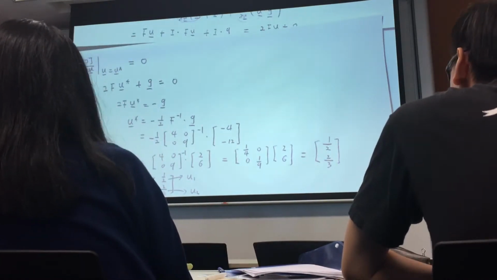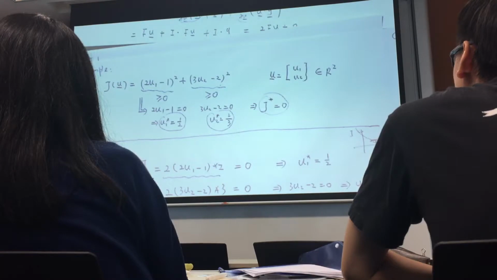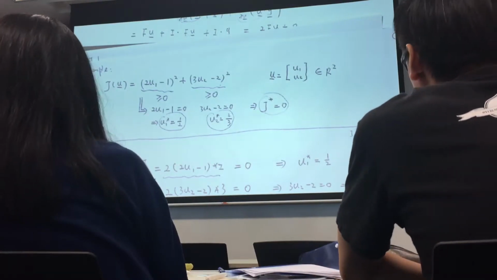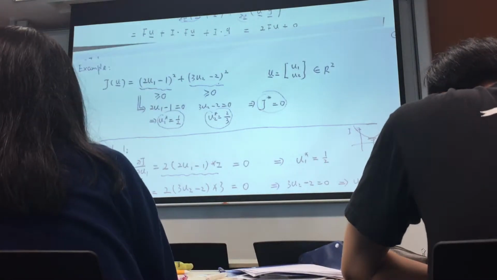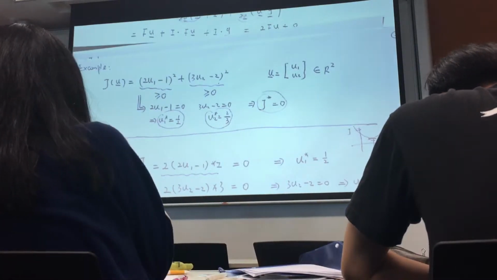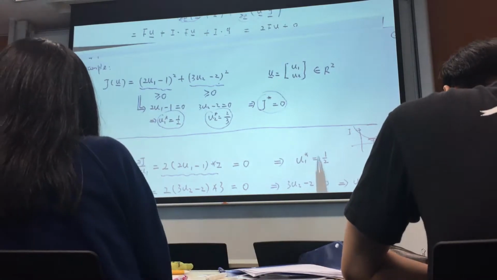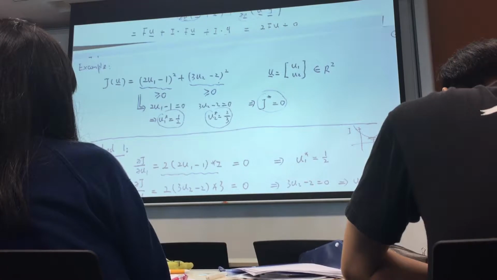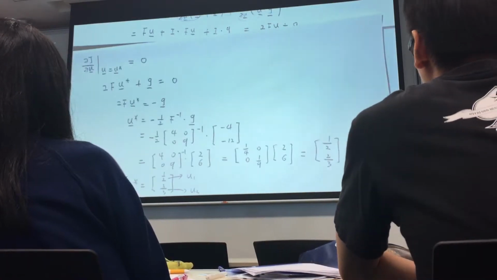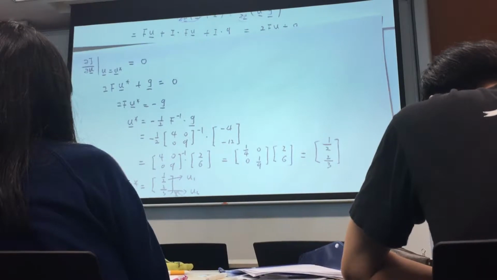If we compare with the results that we obtained from the first method, we get the same solution from the necessary condition: a half, 2 divided by 3. So now we get the same solution, a half, 2 divided by 3.